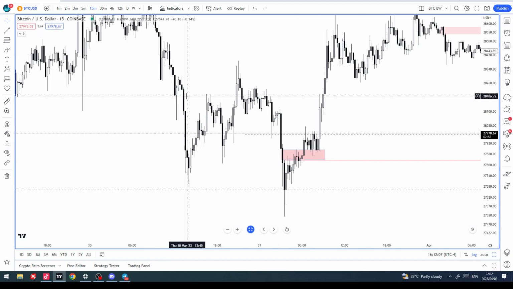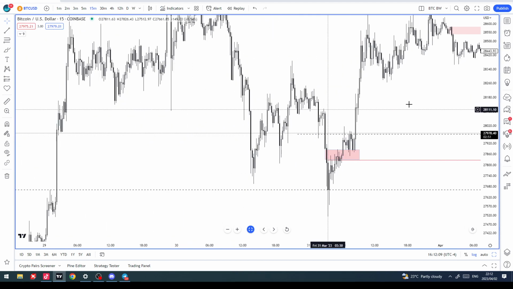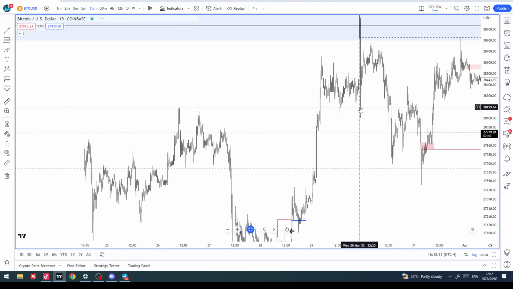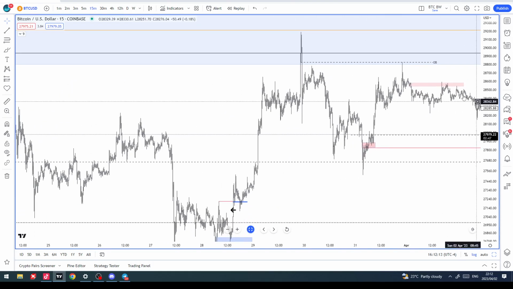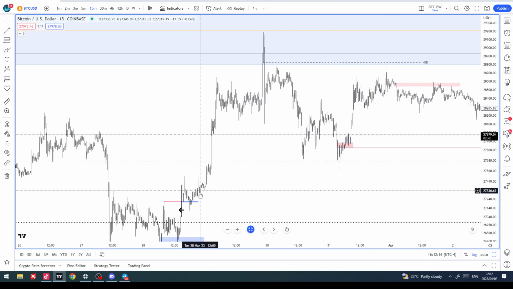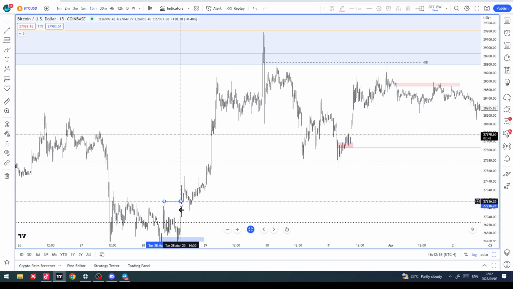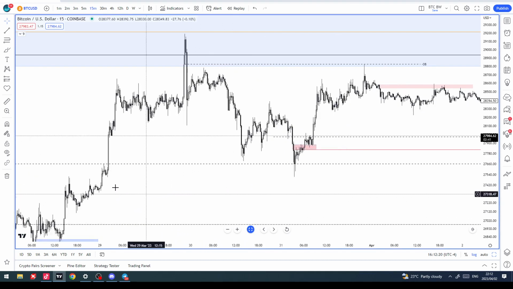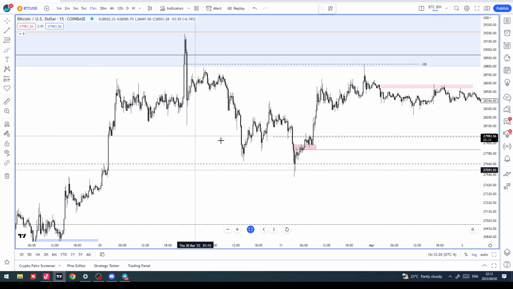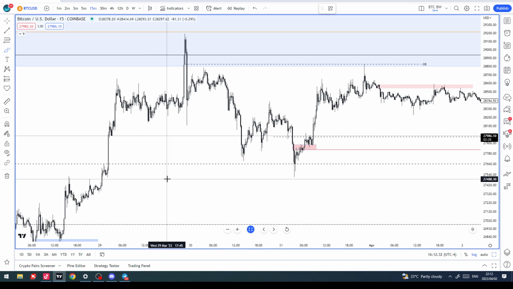That's where risk management comes in, because remember at the start of the stream, I explained consolidations and expansions, right? The only time you expect reversals to happen is at liquidity pools.